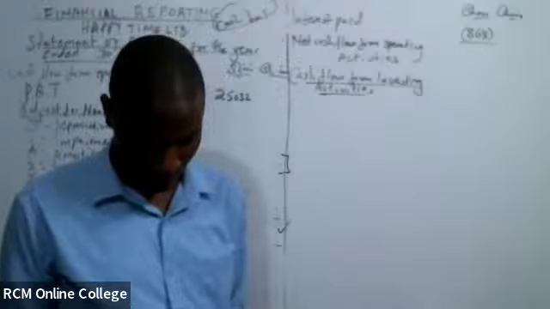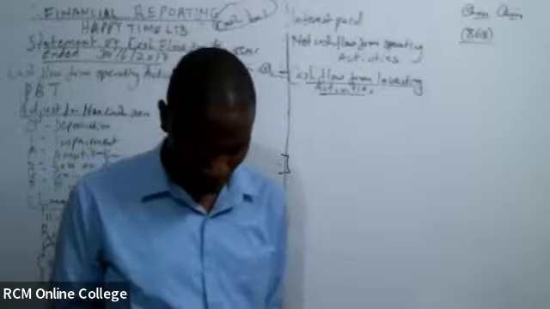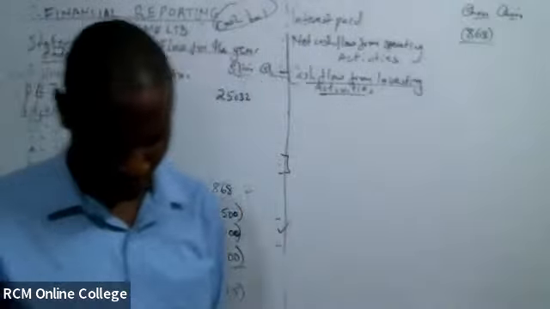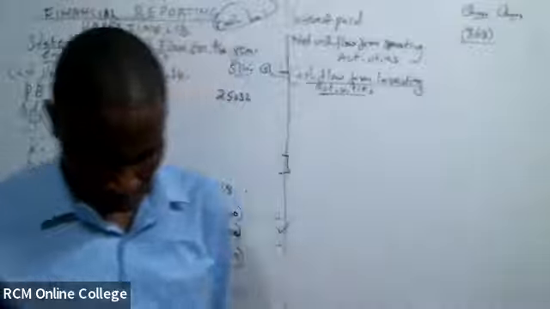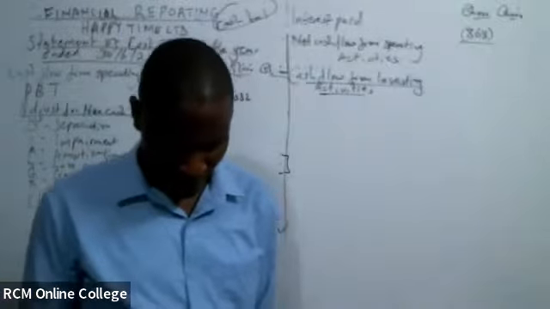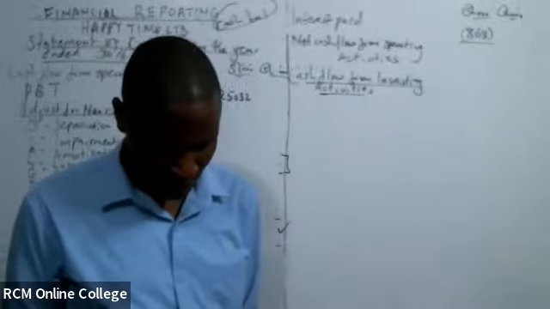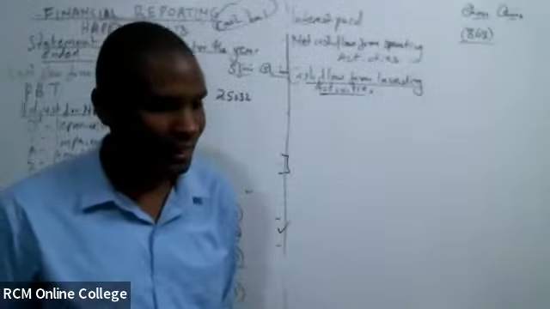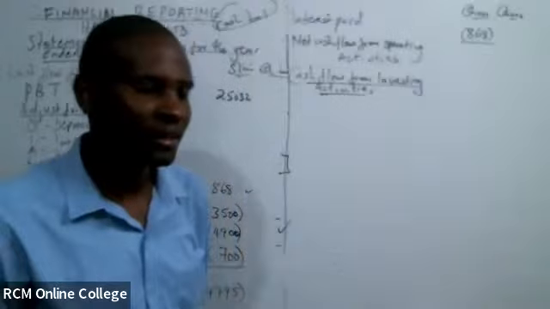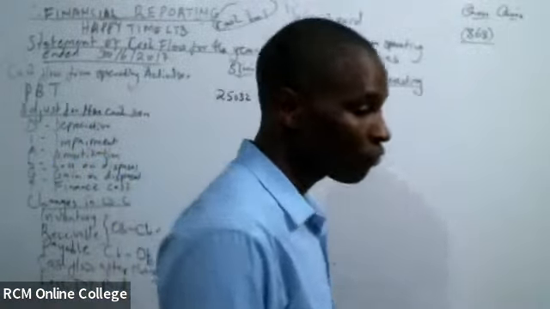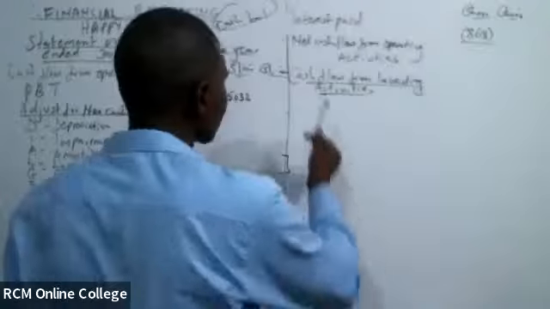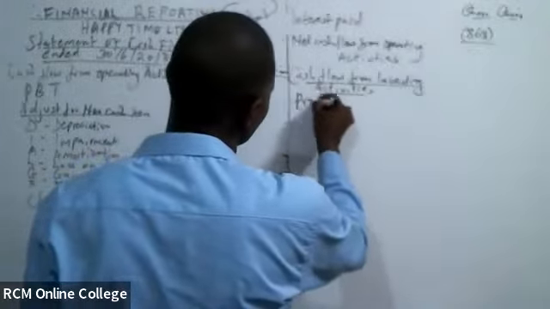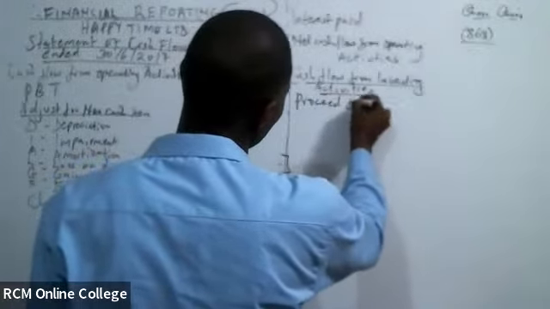Kulikuwa na information hapo wanatuambia kwamba plant disposed of during the year, that is June 2017, had an original cost of 80,200, an accumulated depreciation of this, and the disposal proceed amounted to 51,10. Yes, that is proceed from sale of plant.